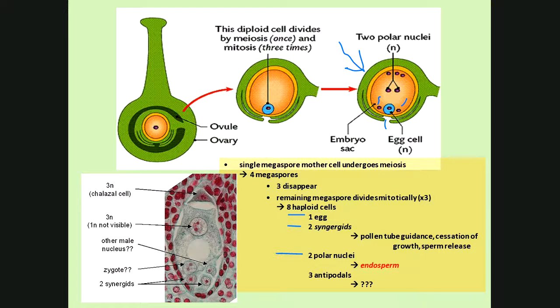Now, I did talk about endosperm before. Do you all remember what endosperm is? I showed you a piece of corn, a kernel that had been cut open, in flowering plants. Do you remember what we said endosperm is in the seed?